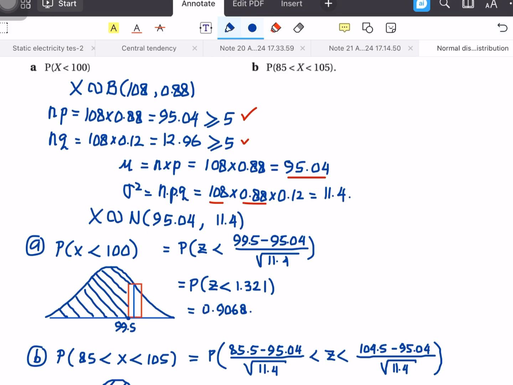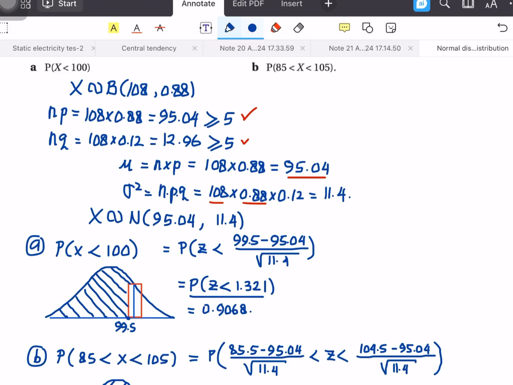So P(Z less than (99.5 minus the mean) divided by the standard deviation, which is the square root of the variance, square root of 11.4. The value of Z is 1.321.